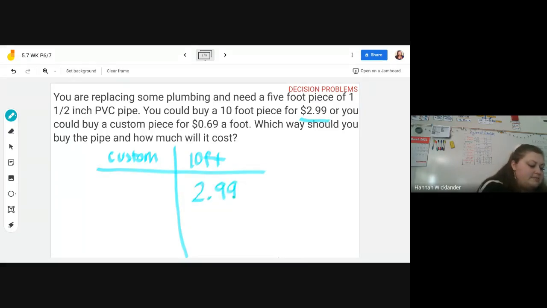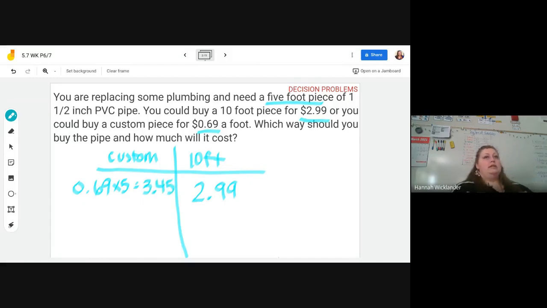The custom piece is 69 cents a foot, so I'm going to do 0.69, and I need 5 feet, so I'm going to multiply by 5. Plugging that into my calculator, I get 3.45.